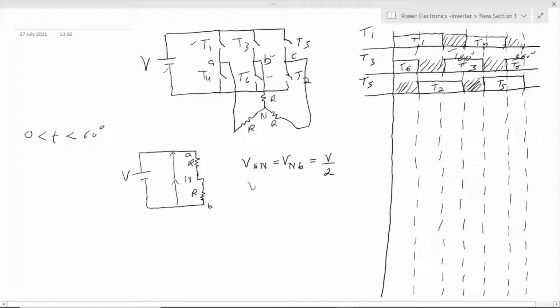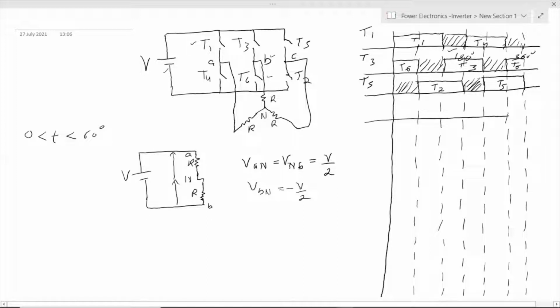So VBN will be equal to minus V by 2. Okay. And what will be VC? VCN will be, here it is balanced, so no current will be flowing in the C. C is hanging phase, so it will be 0 there.